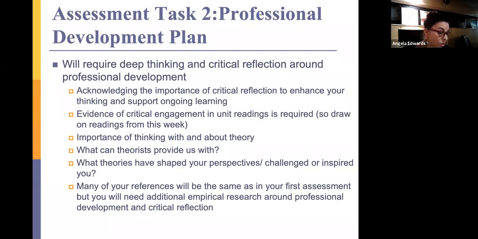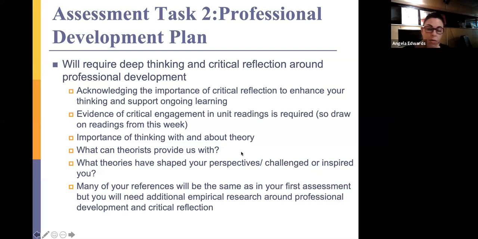So the good news, I guess, is that many of your references are actually going to be the same as in your first assessment task. But of course, you will need to refer to additional empirical research and seminal research around professional development and also around critical reflection, which you will find in the unit readings.